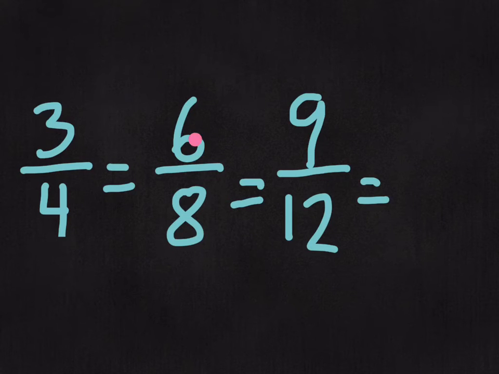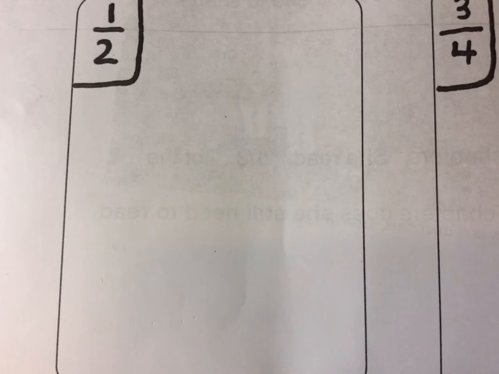And if you do it in order, you could even notice a pattern. Here we have 3, 6, 9, 4, 8, 12. So these are all equivalent fractions. If you ever have a problem where you have to list some equivalent fractions for 1/2, you can just use the little trick that we just learned. I'll just multiply 1/2 by a bunch of versions of 1.